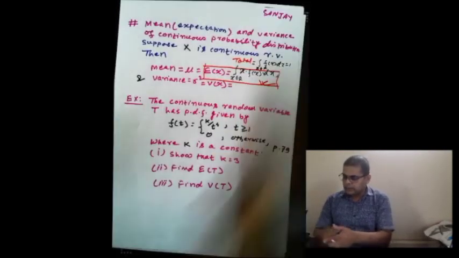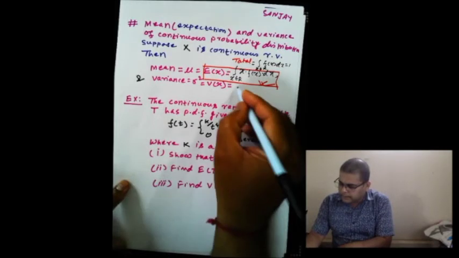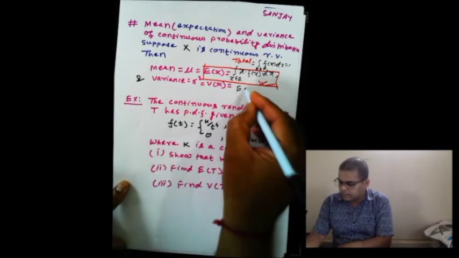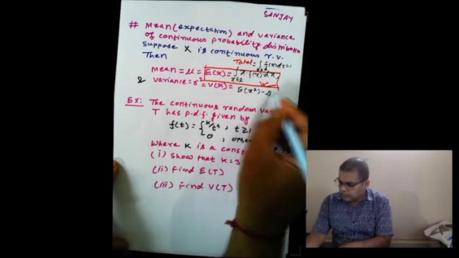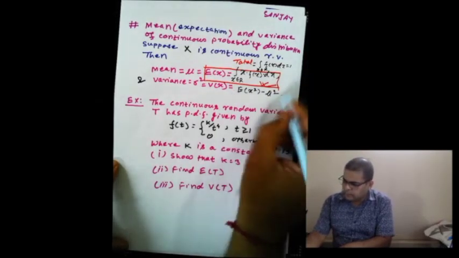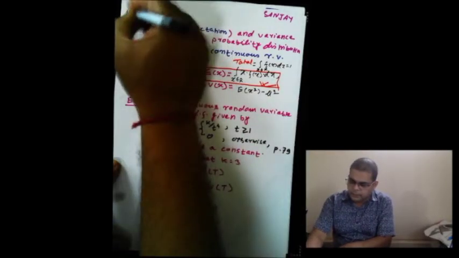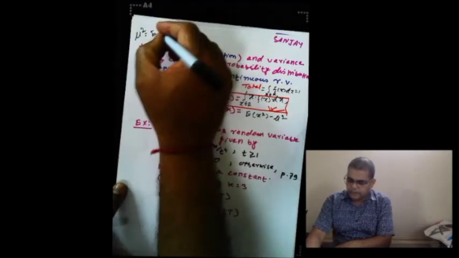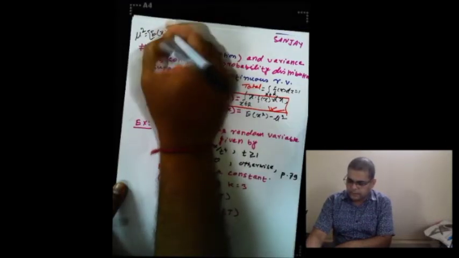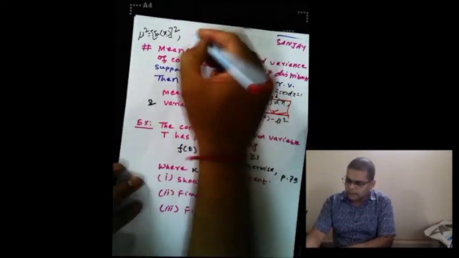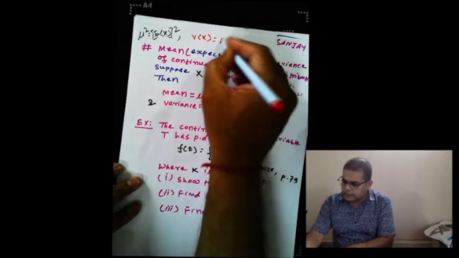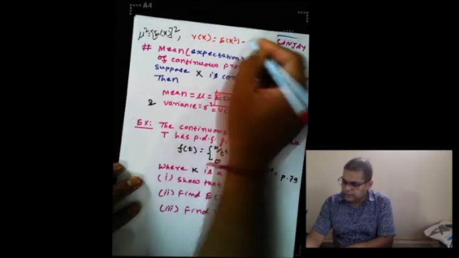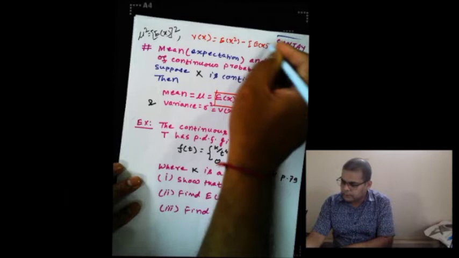So here, what you can write is the expectation of x square minus mu square. In place of mu square, since mu itself is the expectation of x, it will be the expectation of x, squared. Therefore, you can also write the variance of x as the expectation of x square minus the expectation of x, whole squared.